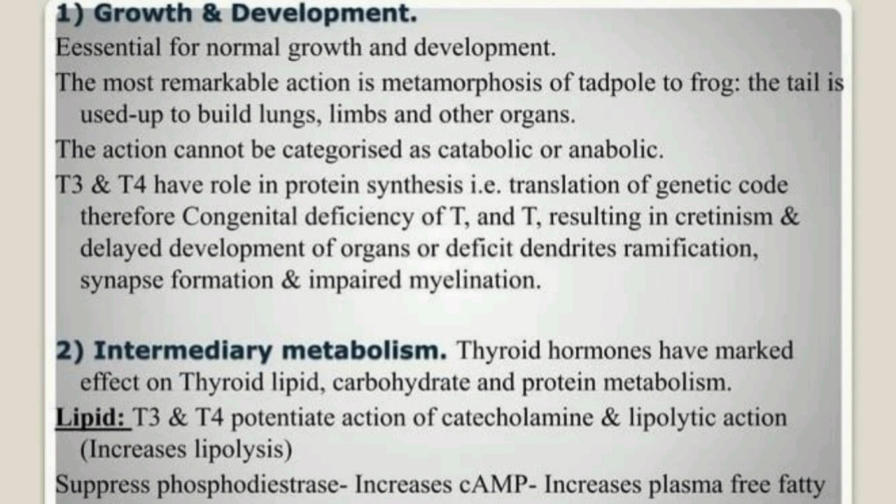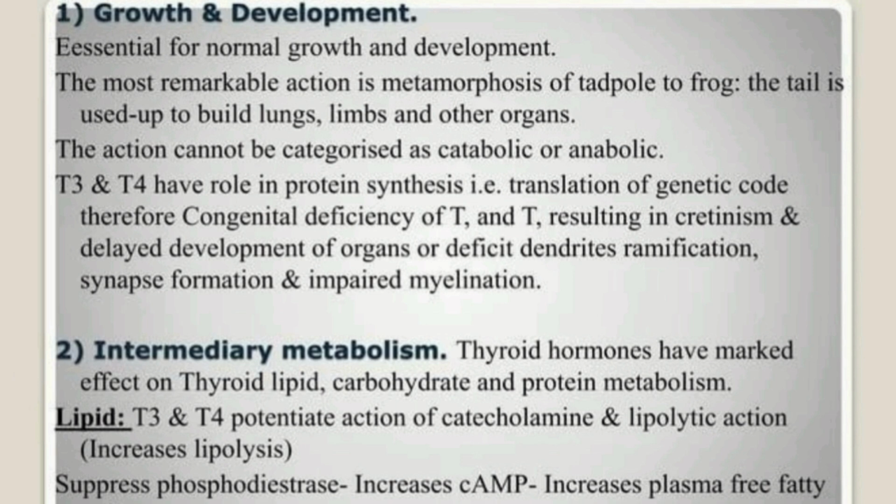Essential for normal growth and development of the body. The most remarkable action is metamorphosis of tadpole to frog. The tail is used up to build lungs, limbs, and other organs. The action cannot be categorized as catabolic or anabolic. T3 and T4 have a role in protein synthesis, that is, the translation of the genetic code.